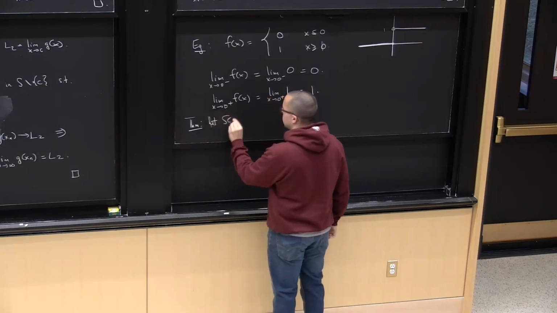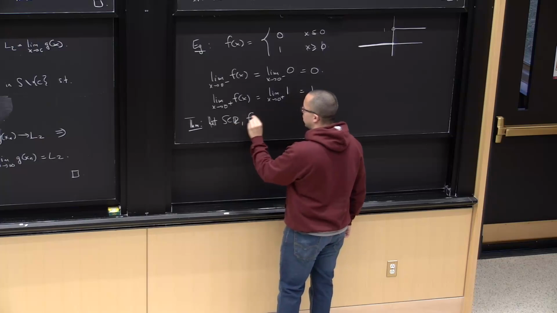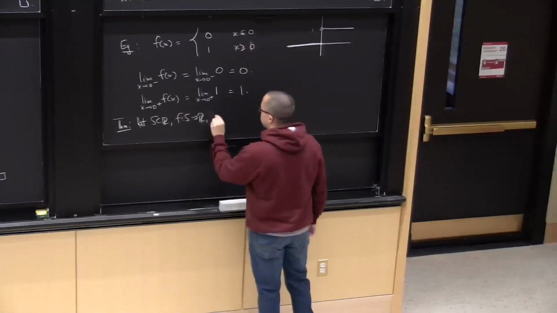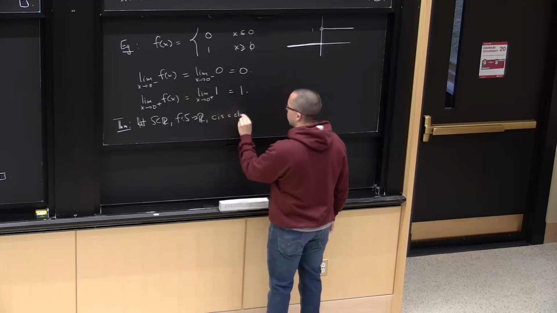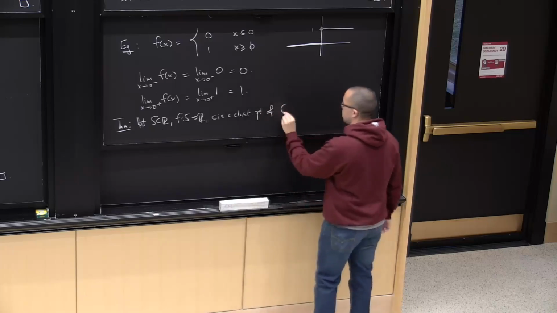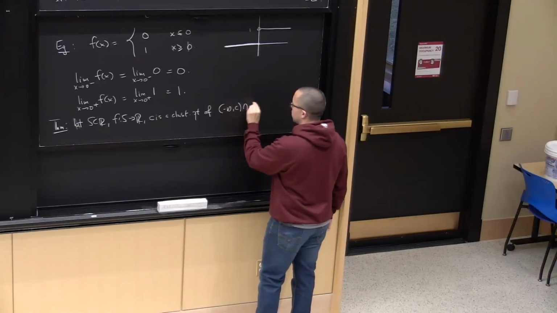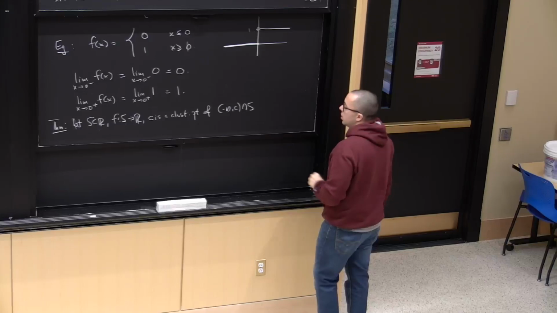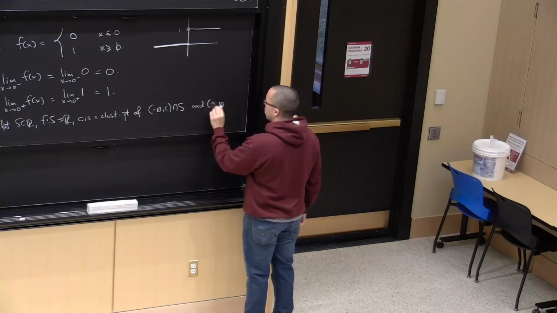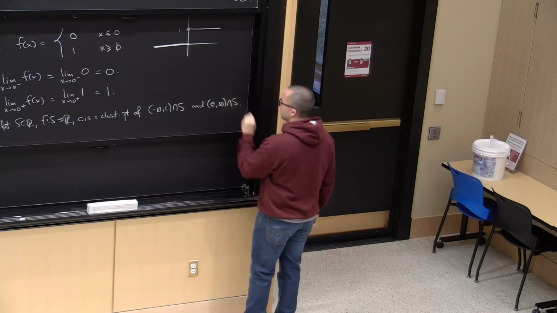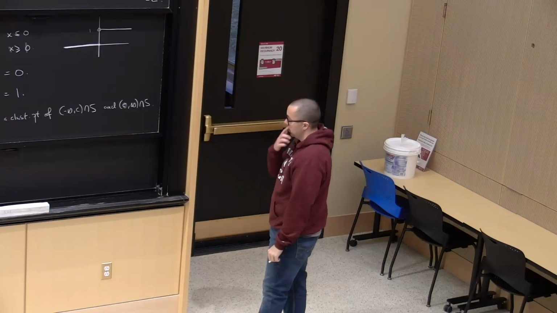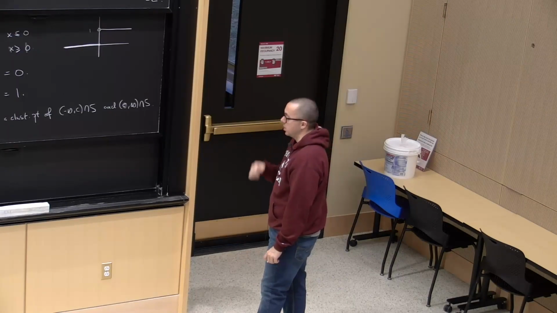Let S be a subset of R, f be a function from S to R, and suppose that c is a cluster point of both sets, minus infinity to c intersect S, and c to infinity intersect S. That way I can talk about the left and right limits at c.